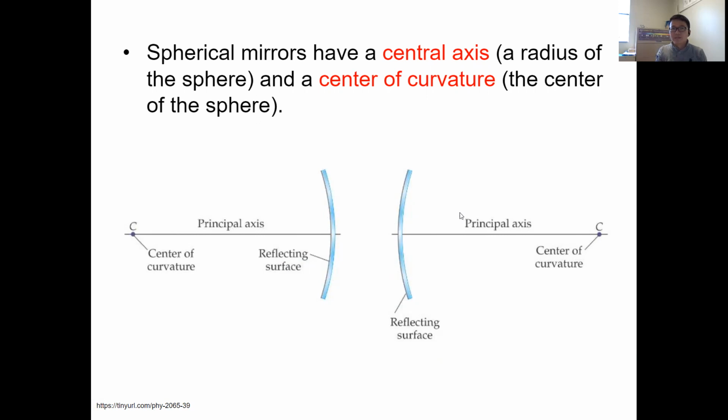They are the same thing. The distance from the center of curvature to the mirror is the radius of the sphere of the curvature. And the same here. We typically use C to denote the center of curvature.